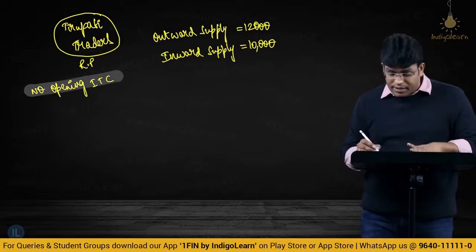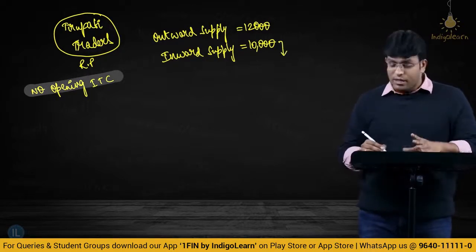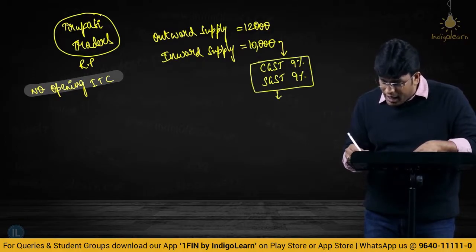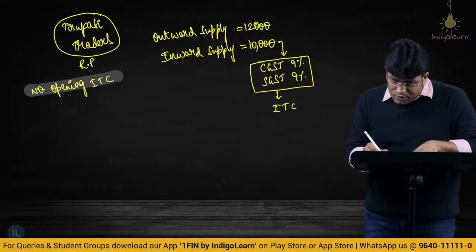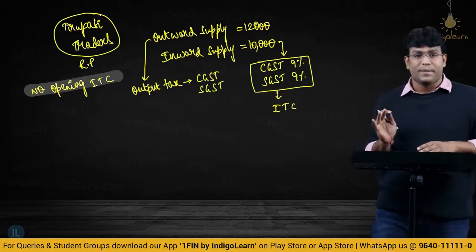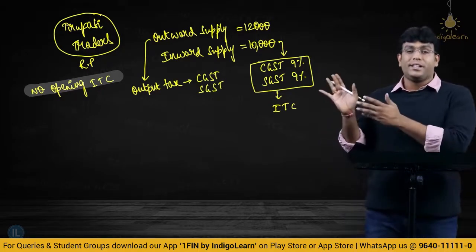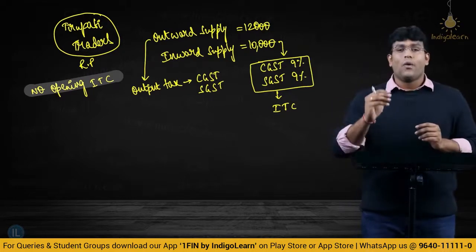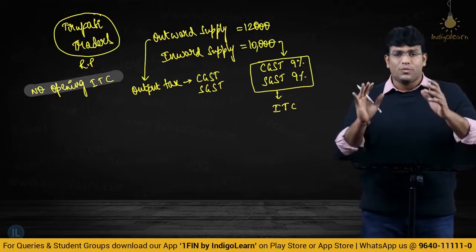But on the inward supply of 10,000, you would have definitely paid CGST 9%, SGST 9%. Whatever we have paid will become our input tax credit. And on outward supply, we have to pay output tax, and that is also CGST and SGST, because in the question they clearly told it is intrastate supply. Now, they also asked what is the net GST payable. That is what we need to find out.